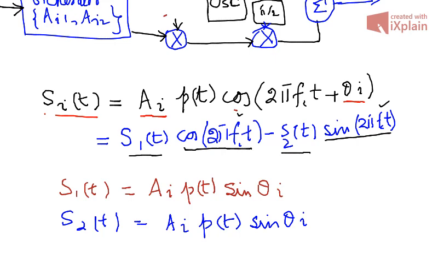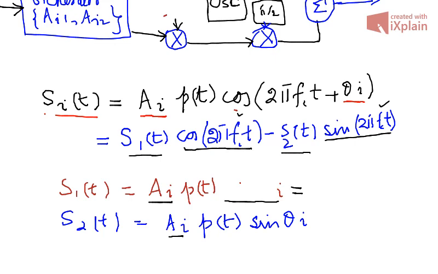Sorry, for s1 this should be cos theta_i, not sine theta_i. This should be cos theta_i.